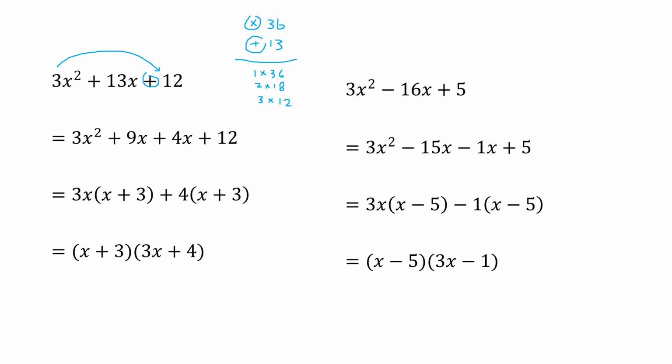And I think also divisible by 4, so 4 9s are 36. Okay, if we add them it comes 37, we need 13. If we add them comes 20, but we need 13. If we add them it comes 15, but we need 13. If we add them it comes 13, so we got them. Okay, so these are the two factors.